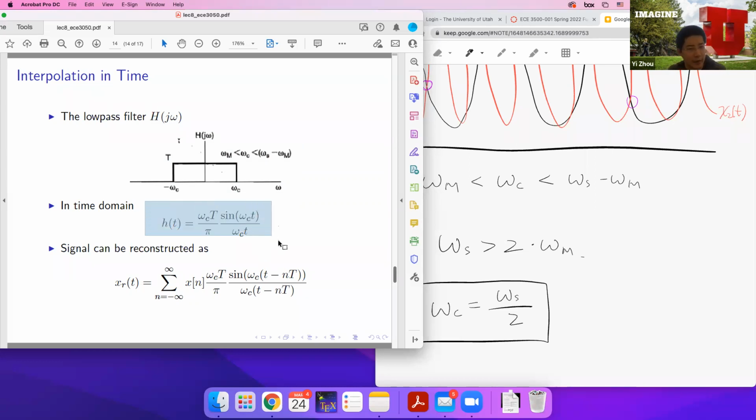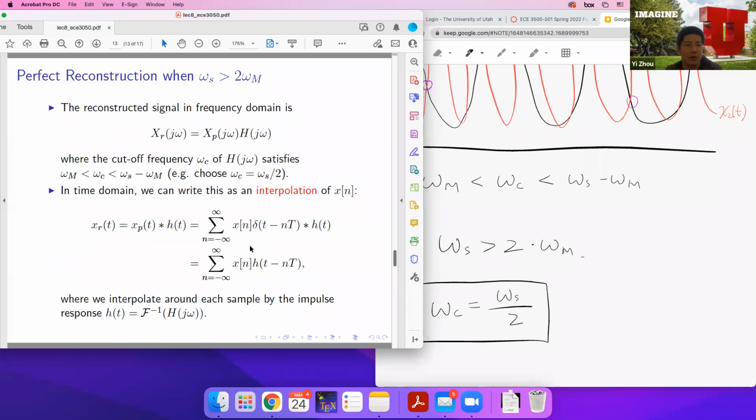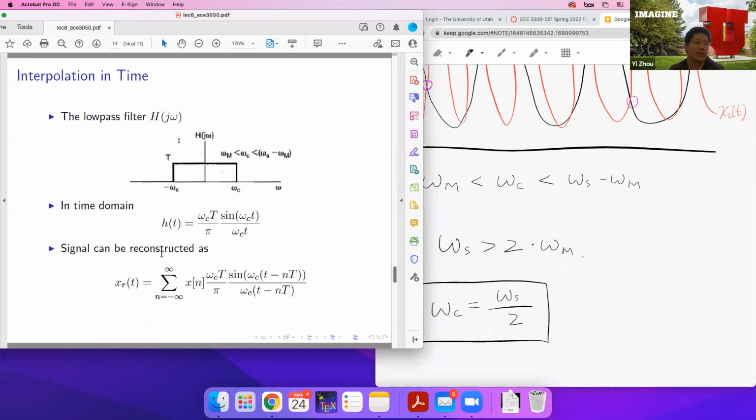Okay, so this is the analytical expression for h(t). And then you plug in this h(t) into here. So you finally conclude that your underlying continuous time signal can be reconstructed from your discrete samples in this way.